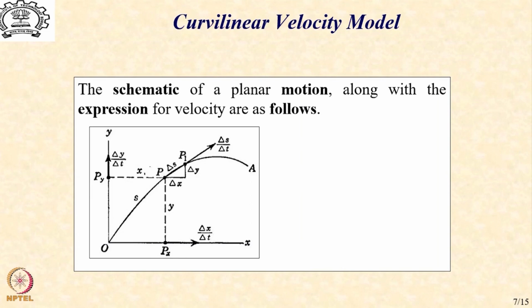As delta S is assumed to be a very small infinitesimal quantity, P and P1 can be assumed to be close to each other, so that a line joining P and P1 will be equivalent to a local tangent at P, and that tangent, if I divide it with delta t, the time interval between P and P1, what we get is a local value of the derivative of the trajectory segment delta S, or what we call the local velocity, which is along the tangent.